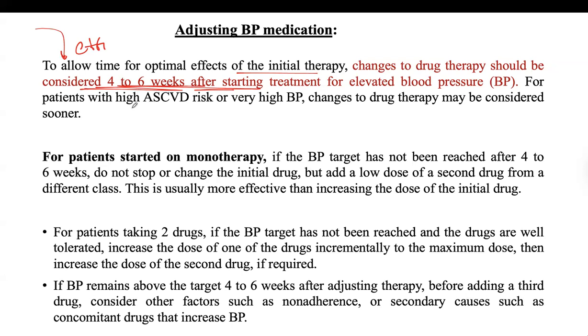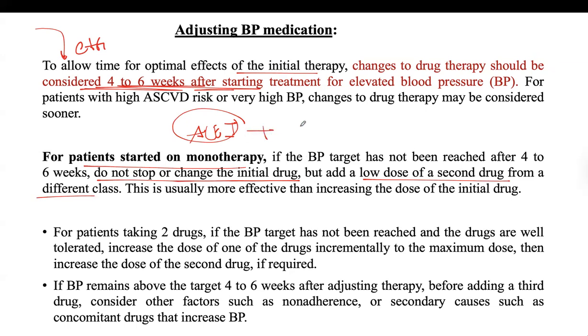So after 6 weeks, you bring the patient back. If the blood pressure is still a little bit elevated, you will change the medication or increase the dose of the medication. Let's say we started a patient on a monotherapy, maybe just an ACE inhibitor, like ramipril. If the blood pressure target has not been reached after 4 to 6 weeks, do not stop or change the initial drug, but add a low dose of a second drug from a different class.